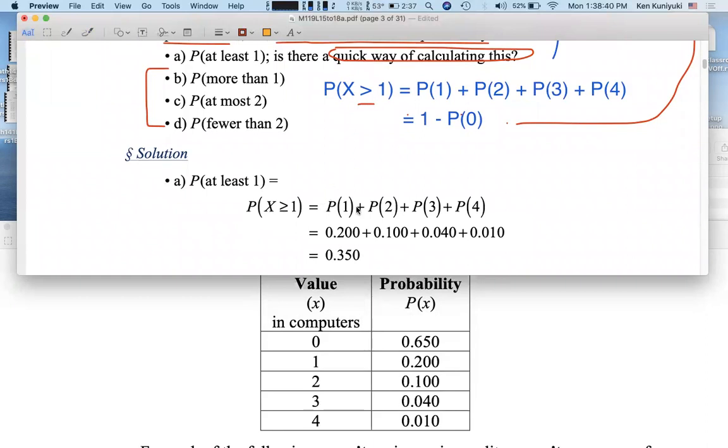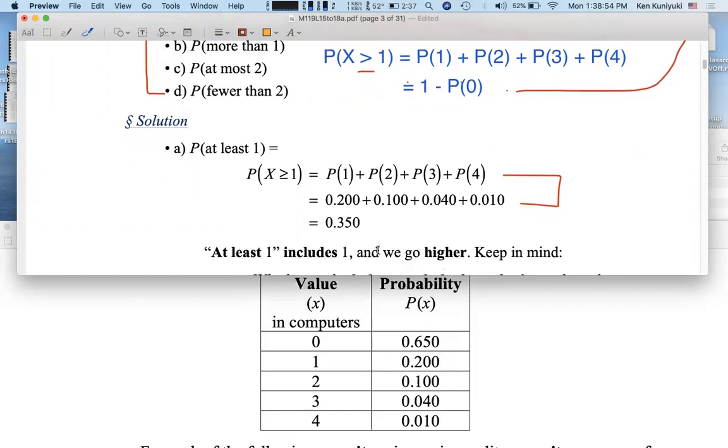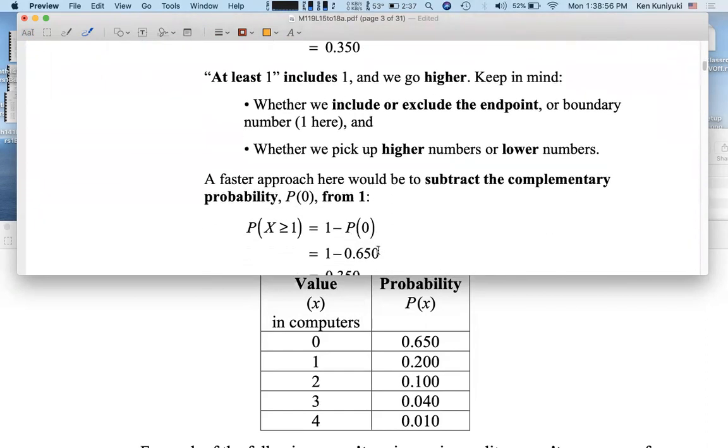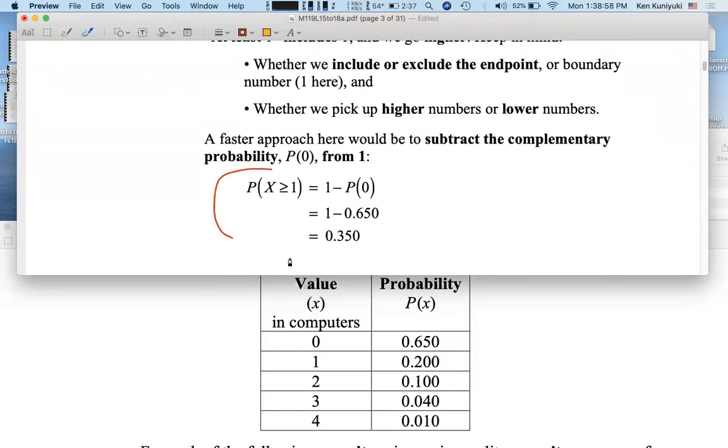Over here is the sum of these probabilities. Here I list the probabilities. On your homework, do either this or this. You don't have to do both, but do either this or this, and then give the final answer, 0.350. And again, you could use the complement trick over here, 1 minus P of 0.